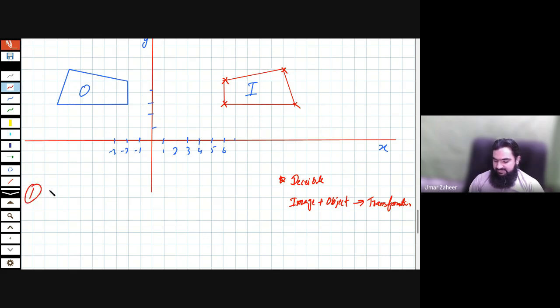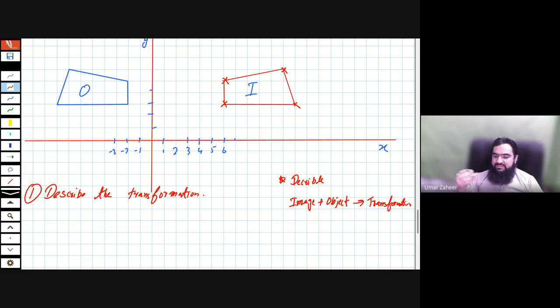How will you check that it is a reflection? Look at here. In a translation, the object and the image are exactly the same.